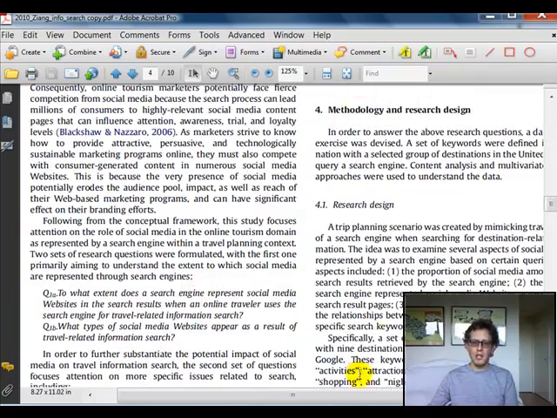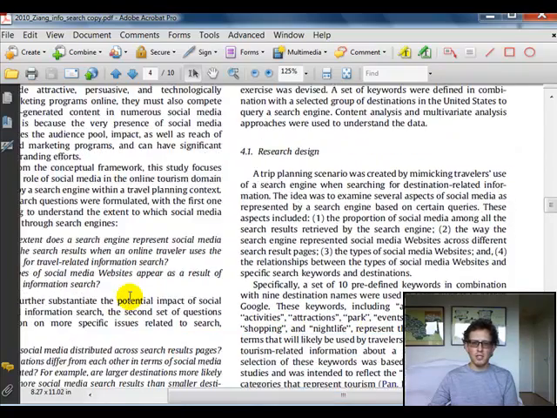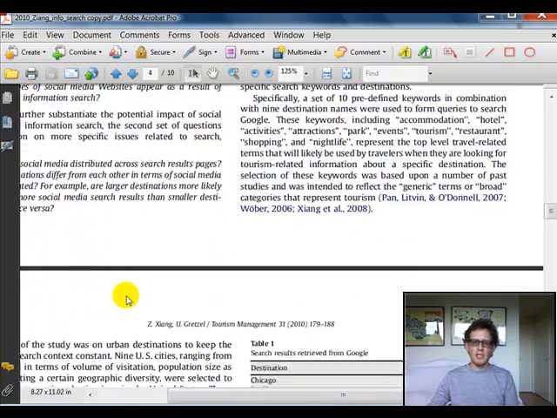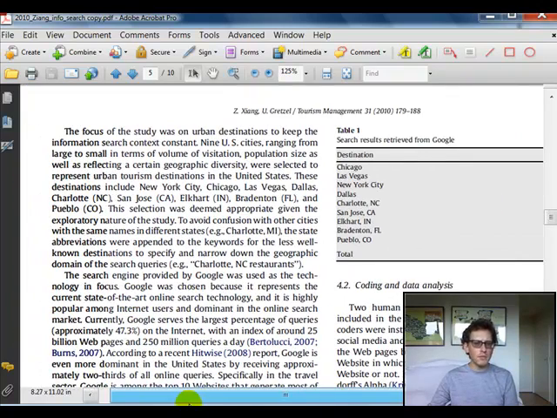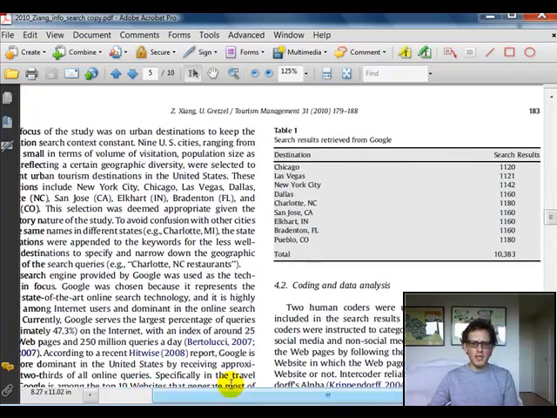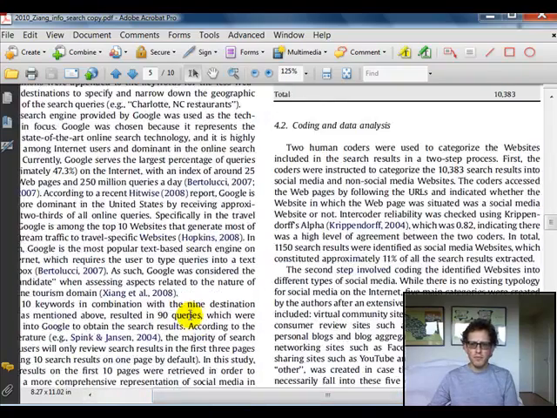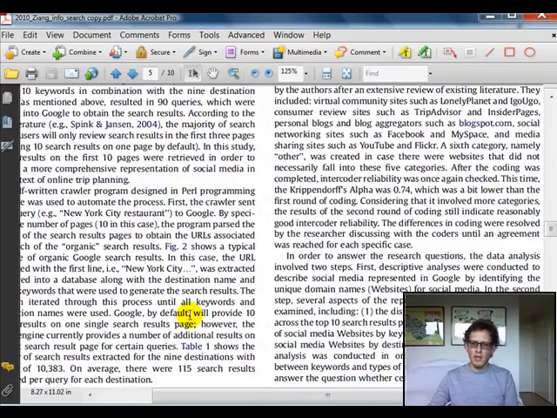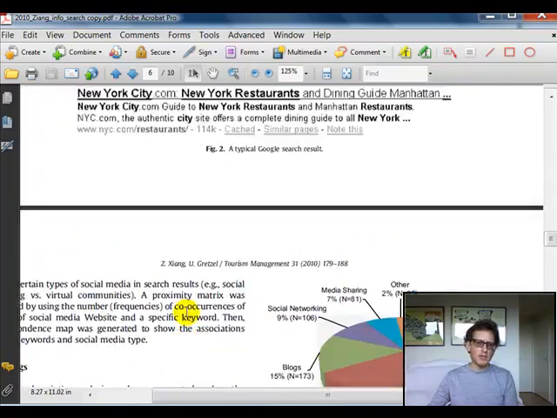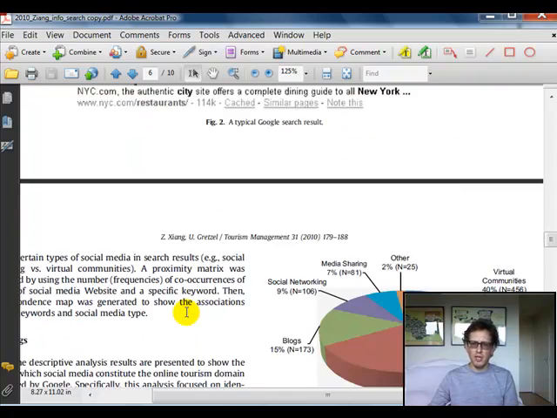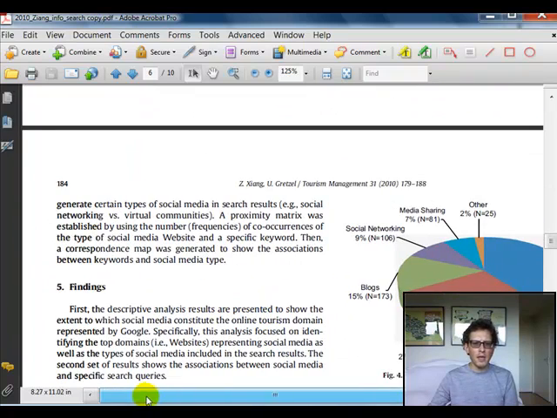Methodology and research design is the methods section. They tell you basically what they did was a lot of very well organized Googling. Then they kept track of the different hits they got. And they have really a lot of detail because it's an unusual research method, so they have to explain it very well.